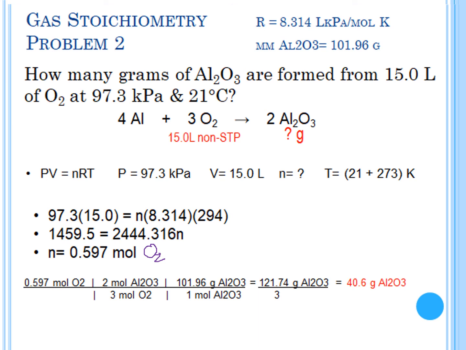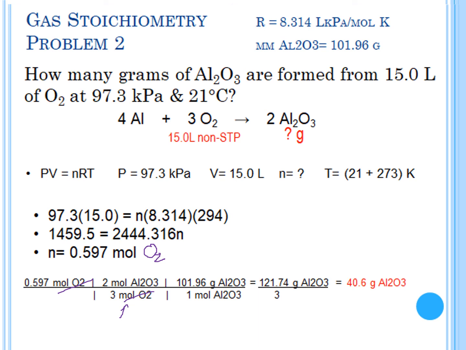So now that I know moles of oxygen, I can get to grams of aluminum oxide using dimensional analysis, two-step fence. So moles of O2 can turn into moles of aluminum oxide using the mole ratio. So that is the 2/3. Moles of oxygen, top and bottom, now cancels. And from moles of aluminum oxide, we can go to grams of aluminum oxide using molar mass.